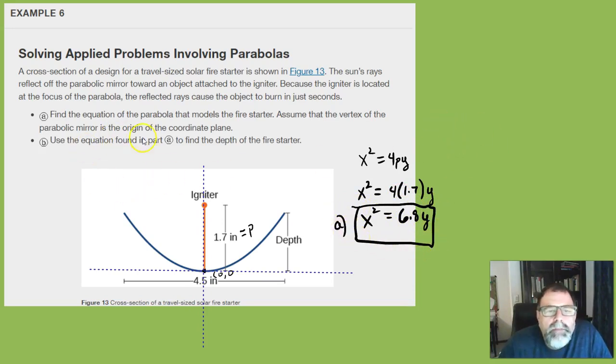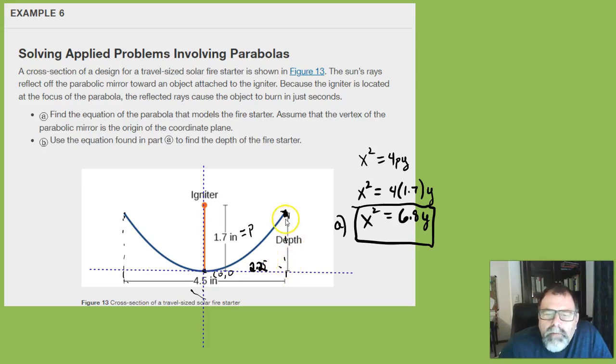Now B, use the equation to find the depth of the fire starter. So we want the depth from, okay, so it stops right here. And they're telling us the fire starter from this point to this point is 4.5, so obviously that's half. So that'd be 2.75. Oh wait, 2.25. 2.25.